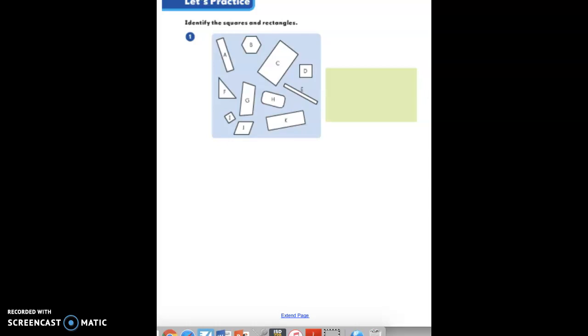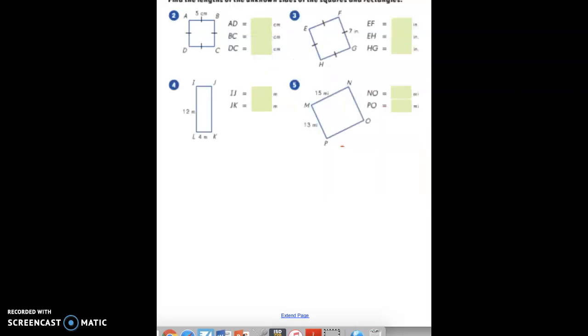Turn off your video and try it on your own. If you were thinking these, you were right on. On this page, they want you to tell the different sides that are missing. Go ahead and figure those out by turning off the video.